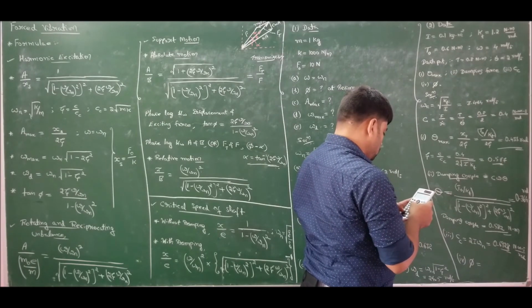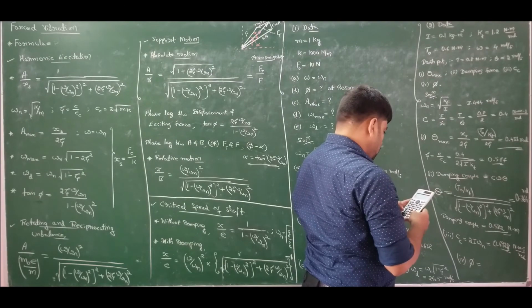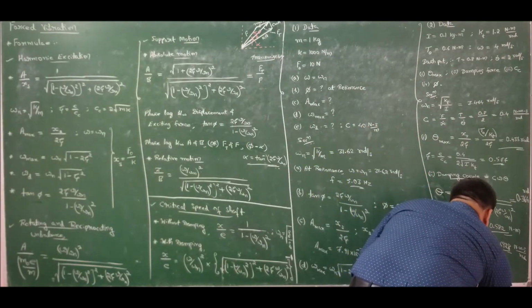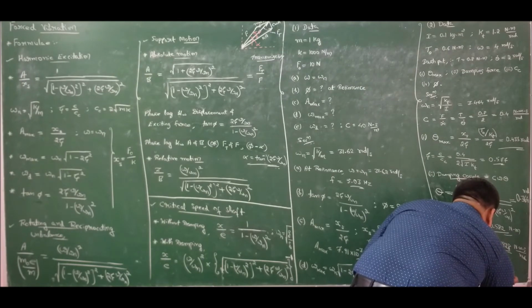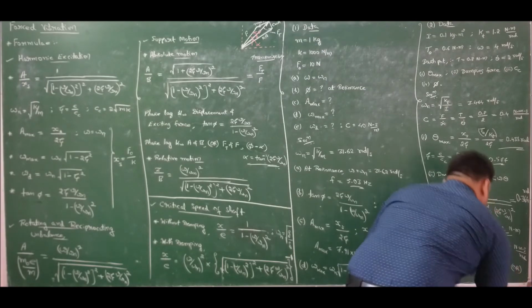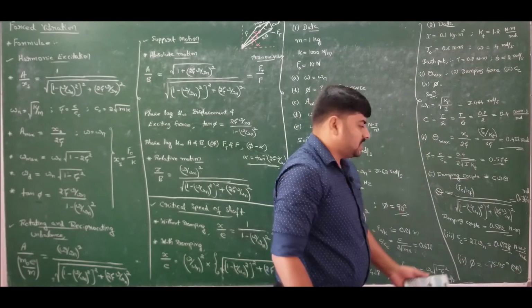If I solve, I get phi as minus 75.95 degrees.